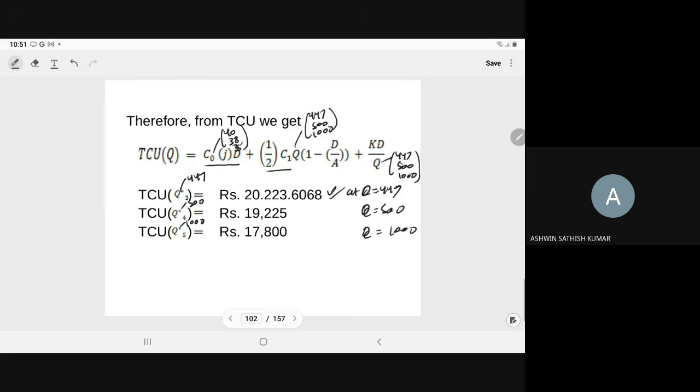So where we have the minimum, it means Q star will come as 1000 units.